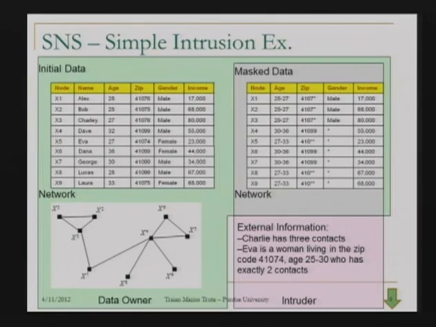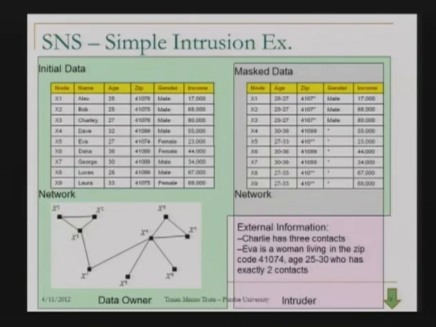Now, with this modification, you cannot know which one of the first three records is Alex, Bob, or Charlie. So this protects, to some extent, the sensitive information about Alex, Bob, or Charlie. But this method, called k-anonymity, is used to protect flat or tabular data.